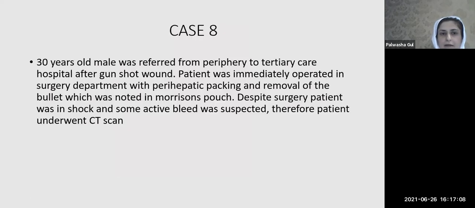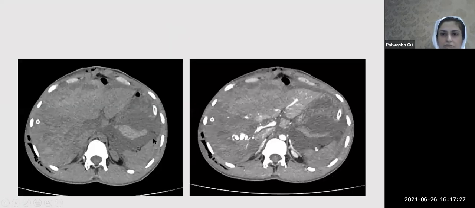Case number 8 was an unfortunate male patient who was referred from the periphery to our hospital after a gunshot wound. He was immediately operated on because he was in a bad state, but despite surgery, he was in a state of shock, and so he underwent a CT scan. This is a post-trauma CT scan.